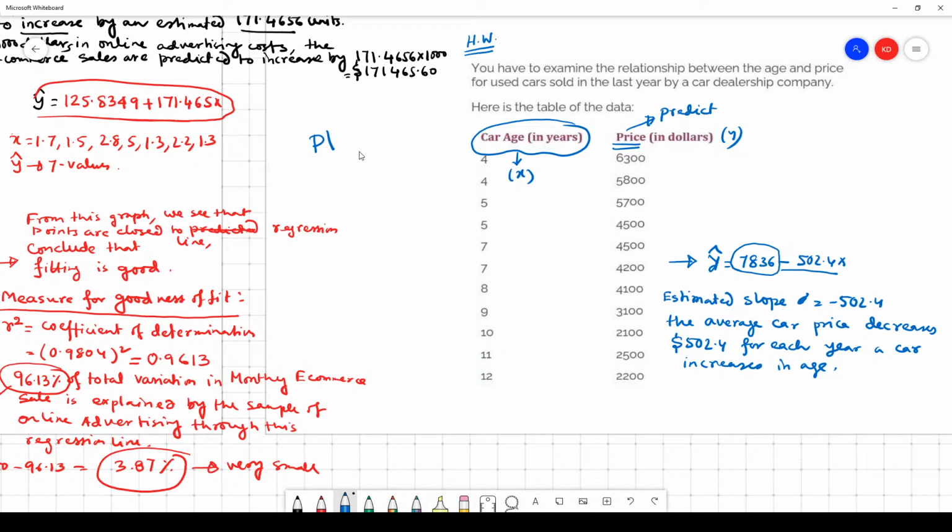Then draw the scatter plot with the predicted line, then conclude about your fitting, then compute the coefficient of determination. On the basis of the coefficient of determination, you conclude about your fitting. Please do all this. This is your homework 1.